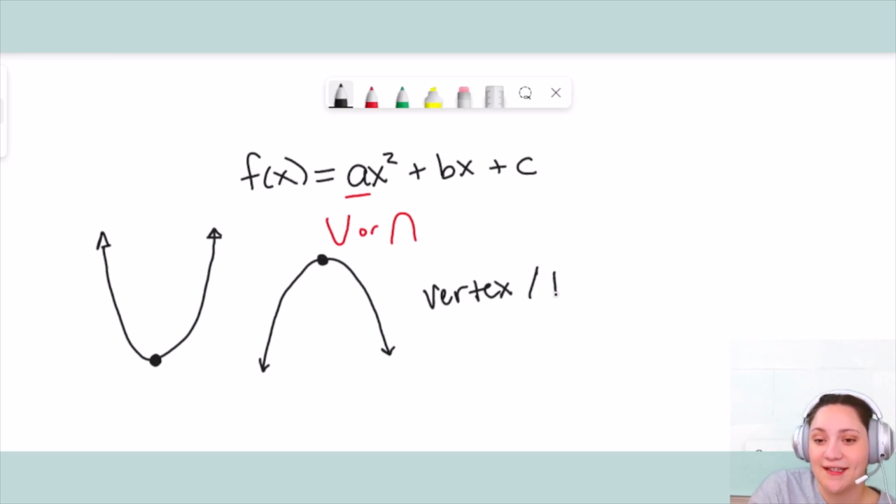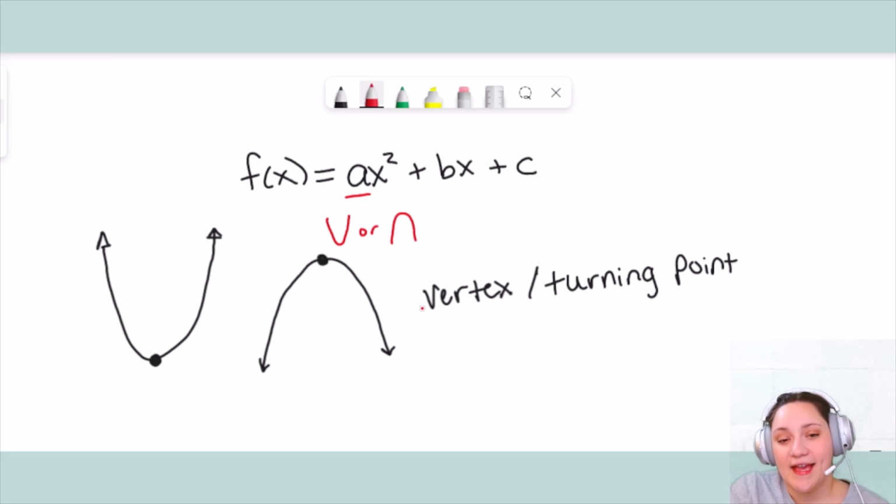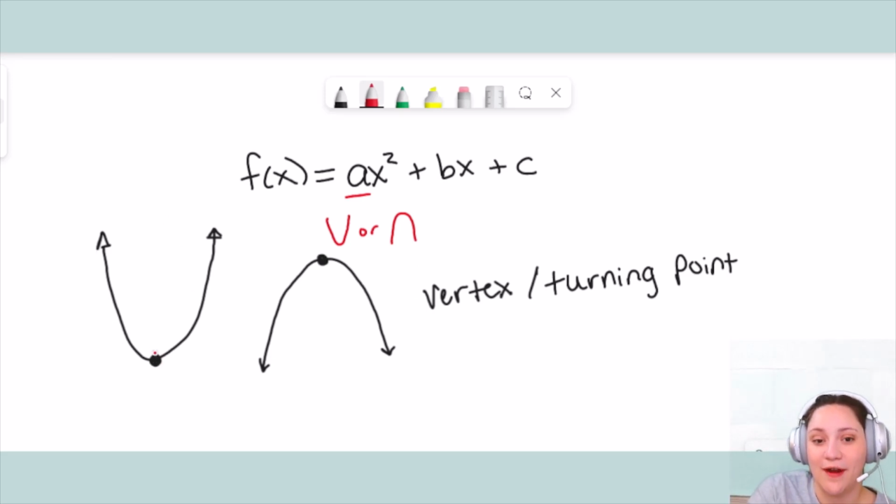So the vertex, as I said, we can think of it as the turning point for the parabola. If we're in a race car that's coming around a track, this is where we're going to turn and change direction as we're coming around this curve in the parabola. So that's the vertex. And if the vertex is the turning point of a parabola that opens up, this is the minimum value, isn't it?